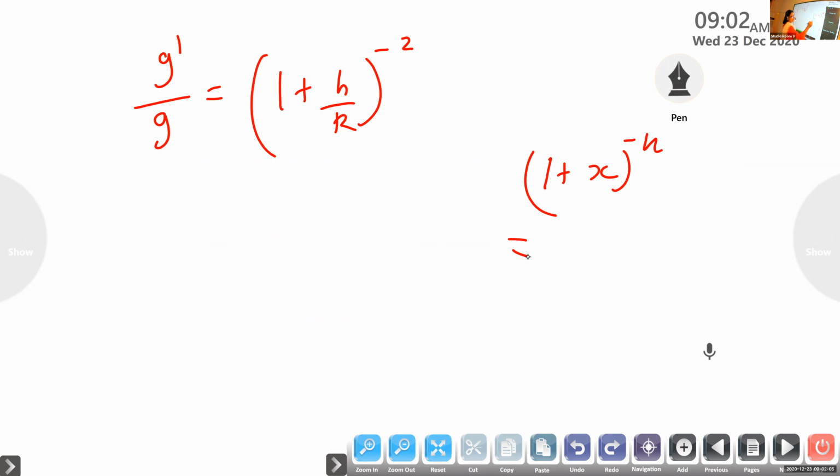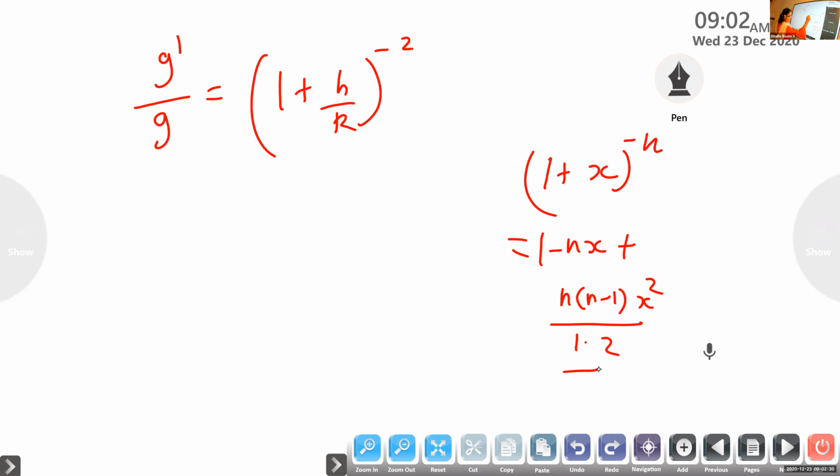In that, first term, 1 minus nx. Second term, n into n minus 1, x square. Correct?